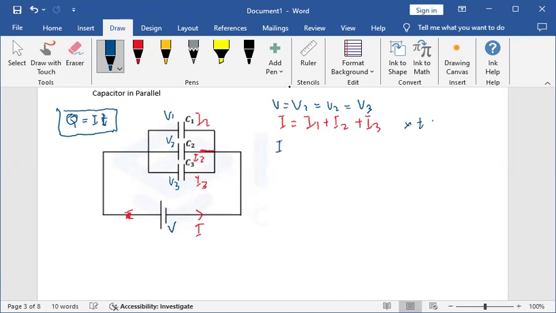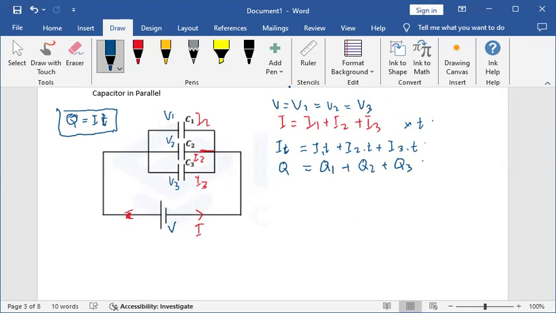It will be equal to I1 times time, I2 times time, and I3 times time. We know that I times T is the charge: Q1, charge 2, and then charge 3.